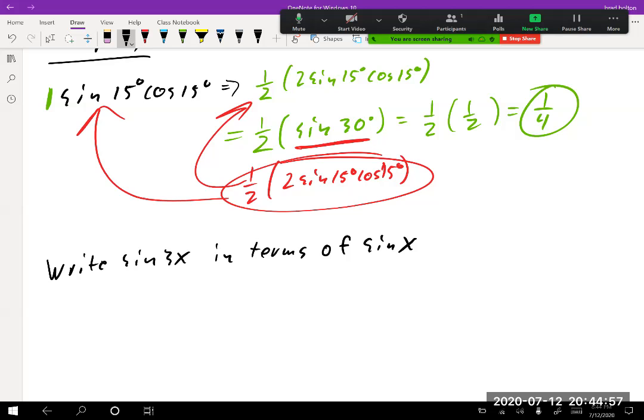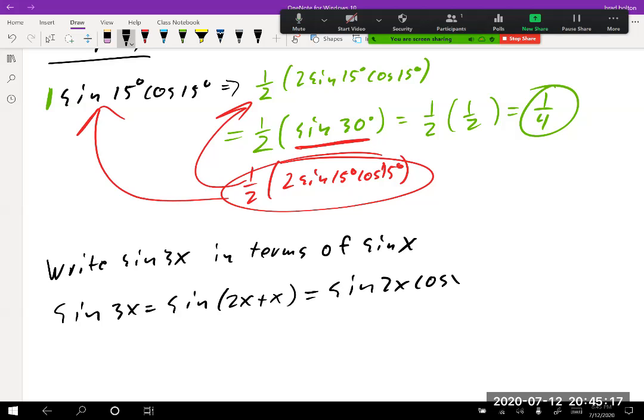We should be able to write it with only sines, but we'll need more than first powers probably. So what I could do is write sine 3x equals sine of 2x plus x, right? And we know that this is the sum or difference formula for sine. So this would be sine of 2x cosine of x plus cosine of x sine of 2x.